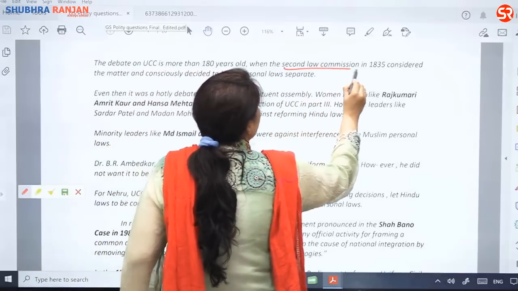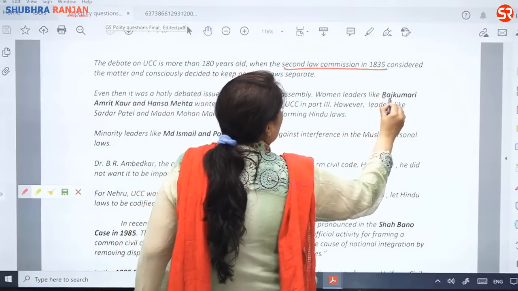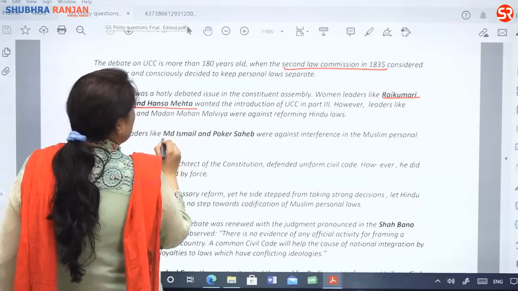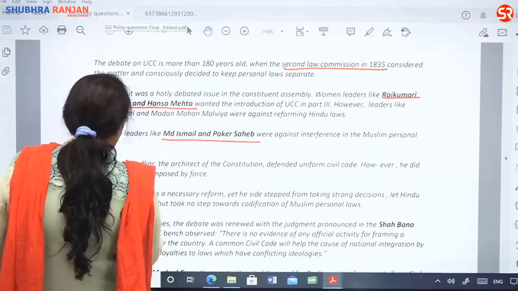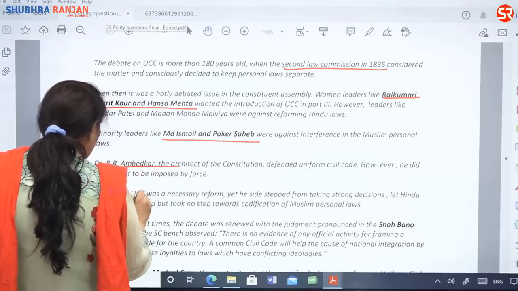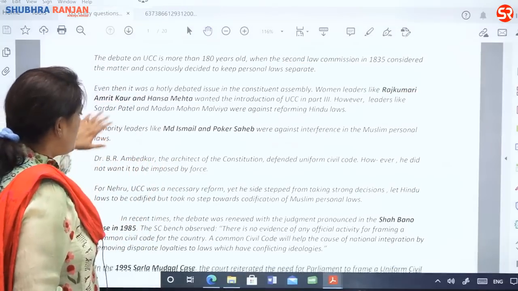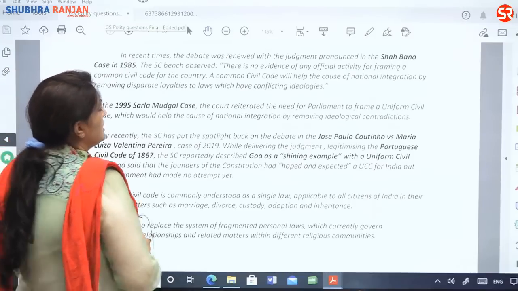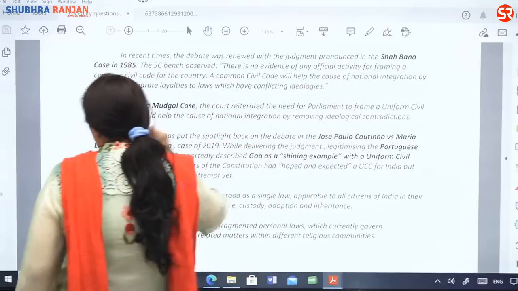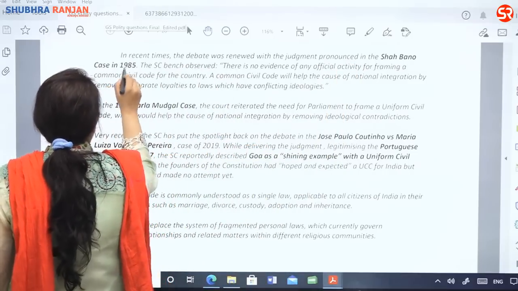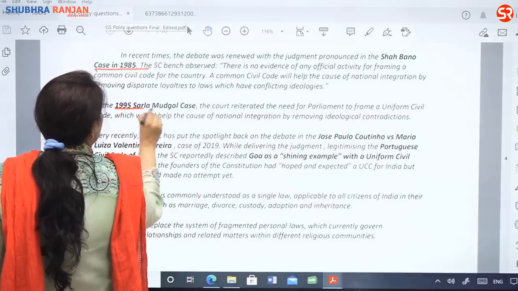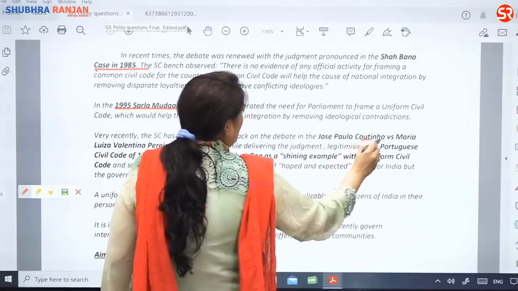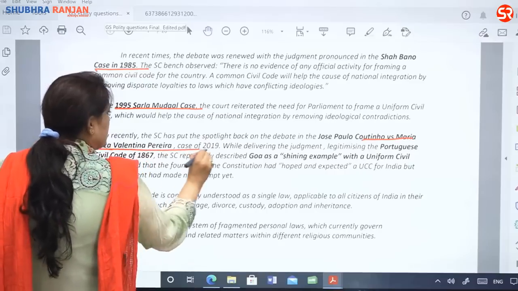Second Law Commission 1835. Names of the persons in the debate: Amrit Kaur, Hansa Mehta, Ismail Pokar Sahib, Ambedkar and Pandit Nehru. Then remember the important cases, at least two cases: Shah Bano case and the year, then Sarla Mudgal case and the year, and the Coutinho versus Maria case.